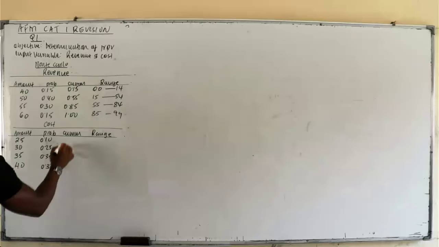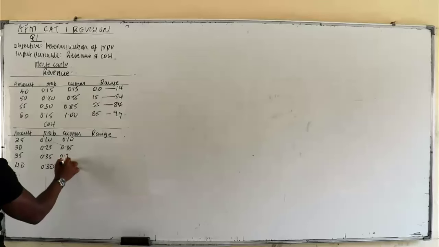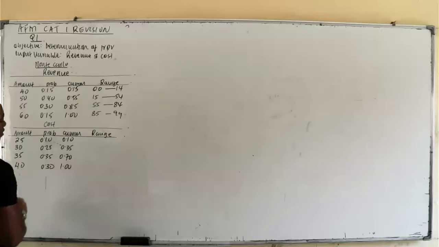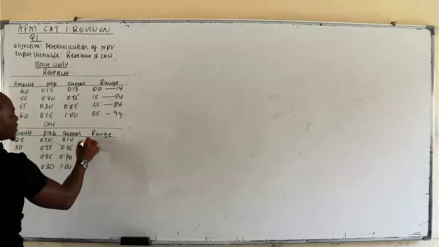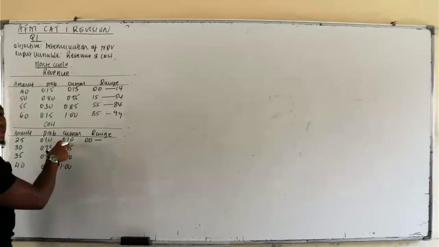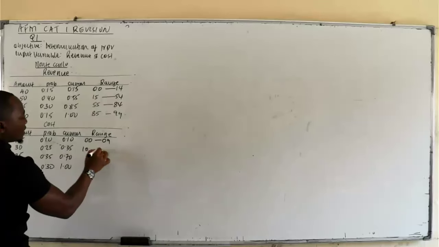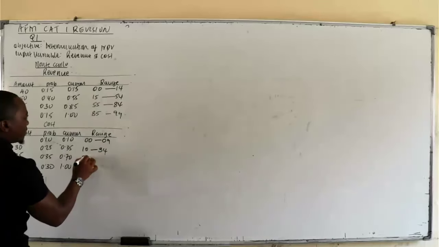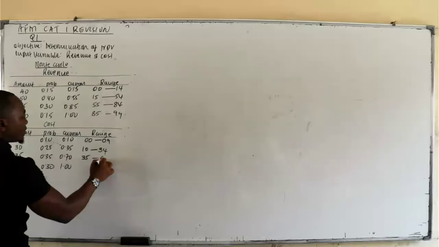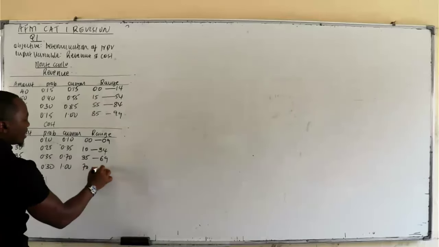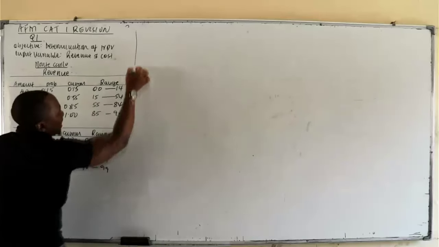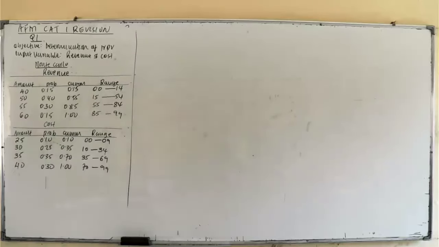Then accumulate the probability: 10, 35, 70, 100. And then you range 0 to 9, since 10 minus 1 is 9. Then from 10 to 34. Then 35 to 69. And then 70 to 99. So that was the 3rd step.